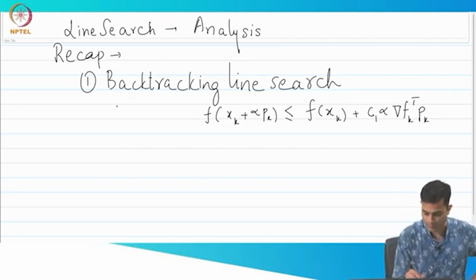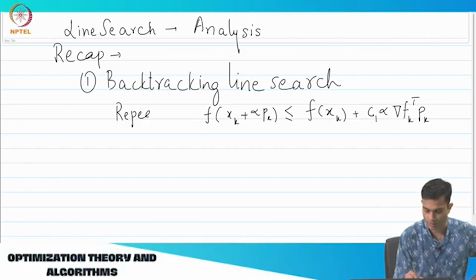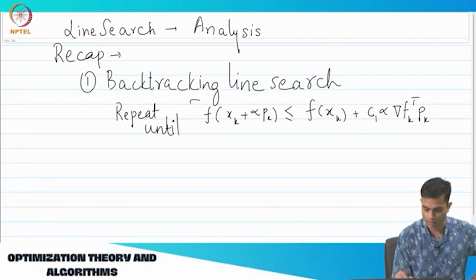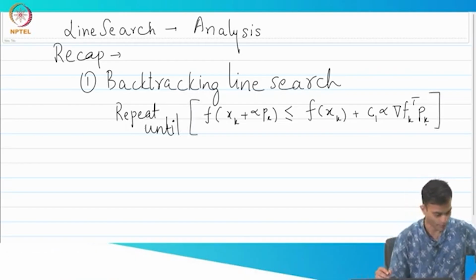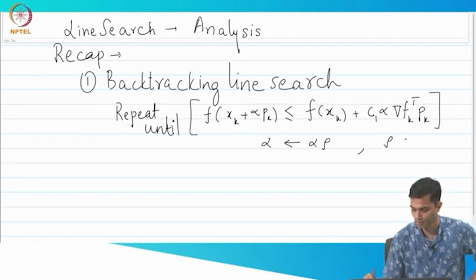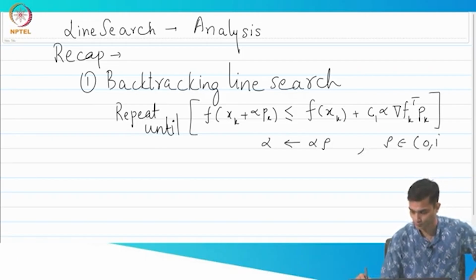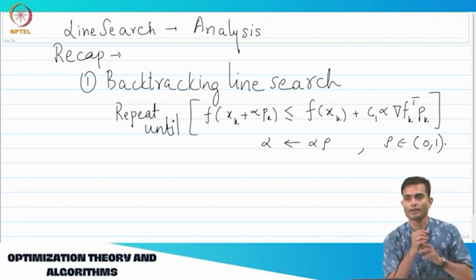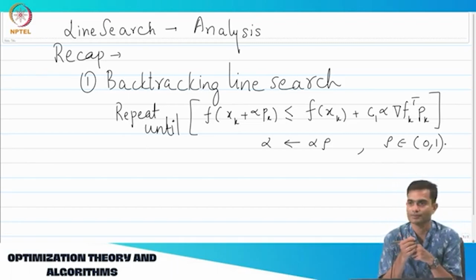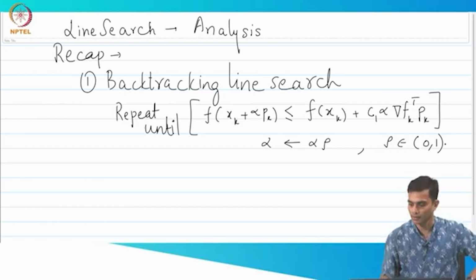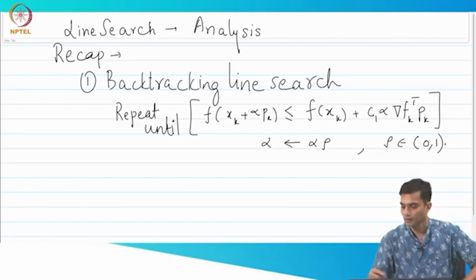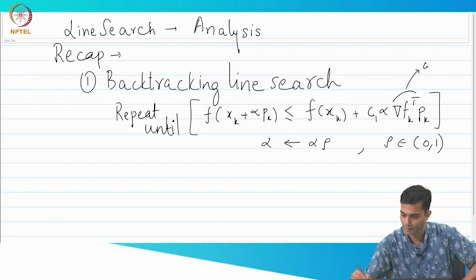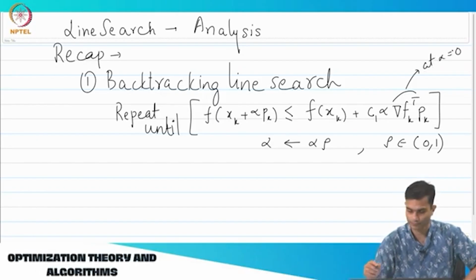And this was c1, and I am going to say repeat until this holds true, and you keep updating alpha like this. That was our very simple update. It required function evaluations, and only one gradient, and that is this gradient at alpha equal to 0.